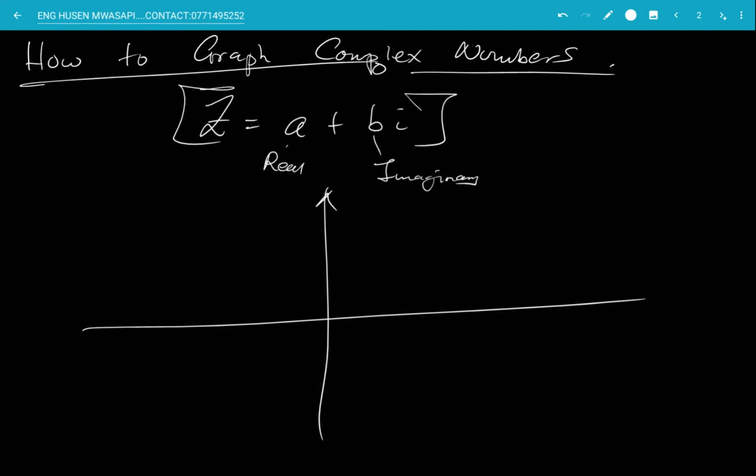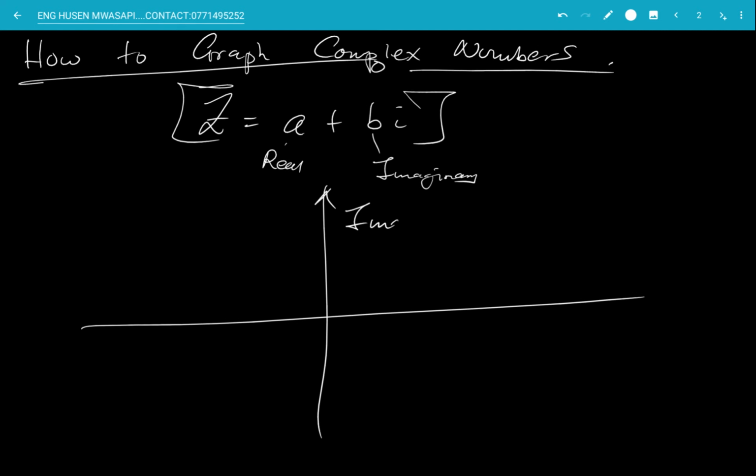So the y-axis is the imaginary axis, commonly referred to as the y, and the x-axis is the real axis, referred to as the x. This point is the center. So the y is the imaginary axis, whereas the x is the real axis.